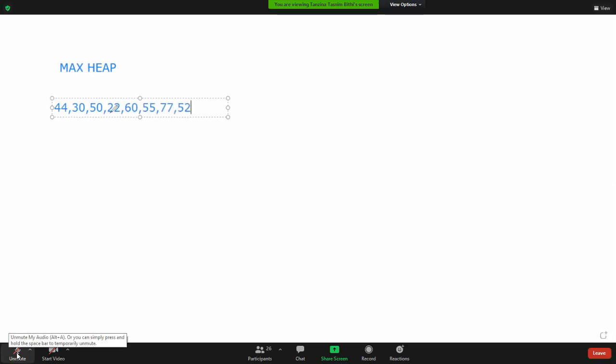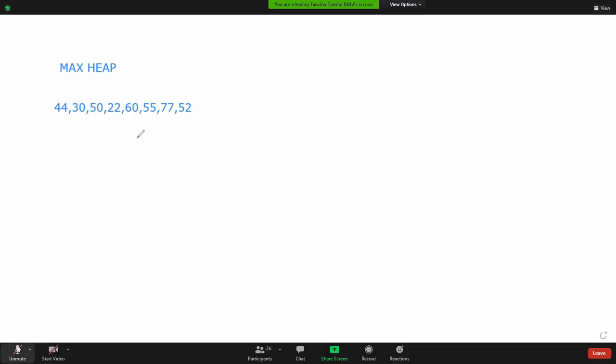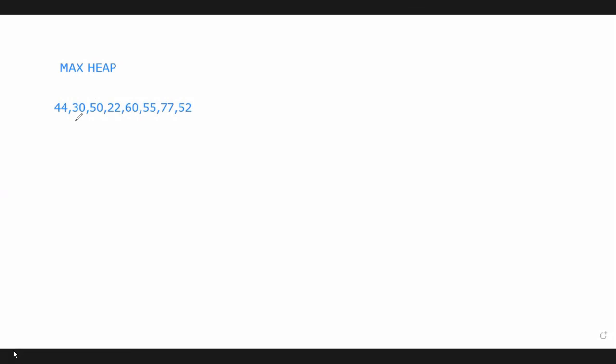We have to insert these nodes one by one in a max heap tree. But the conditions of this insertion are, first, that a max heap should be a complete binary tree, and second, that the parent node should be greater than its child node.